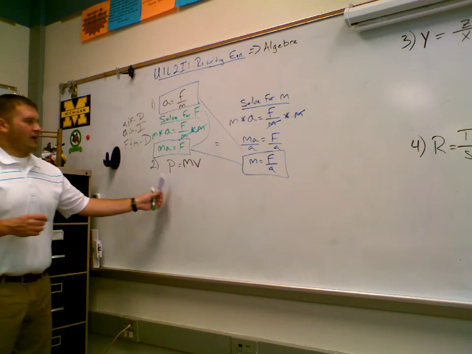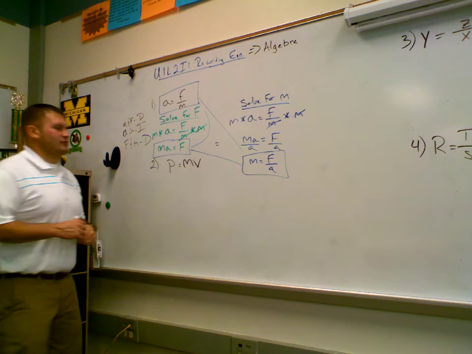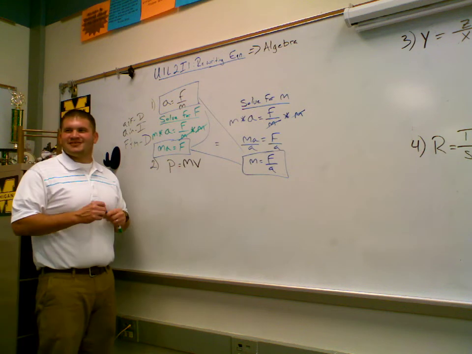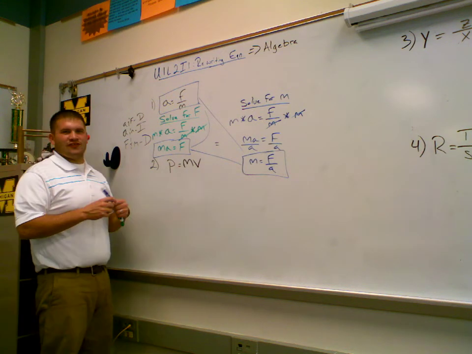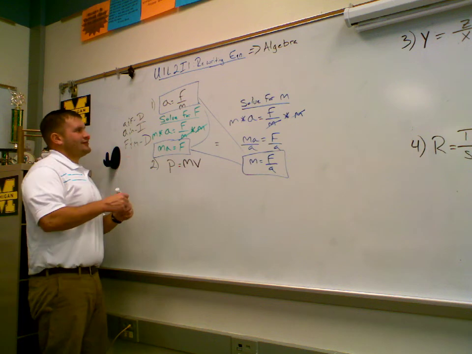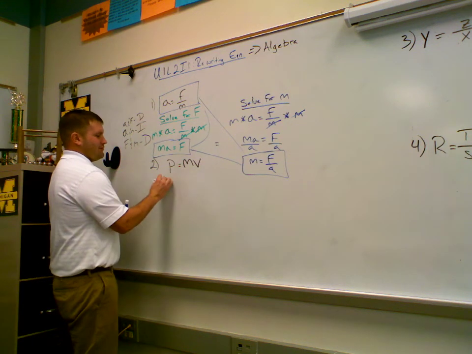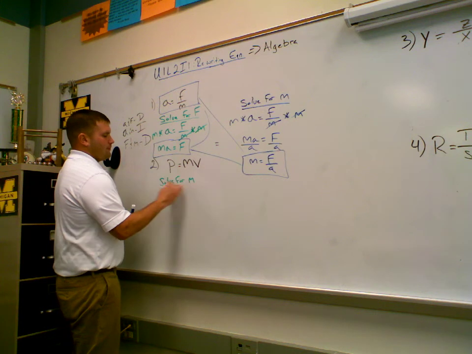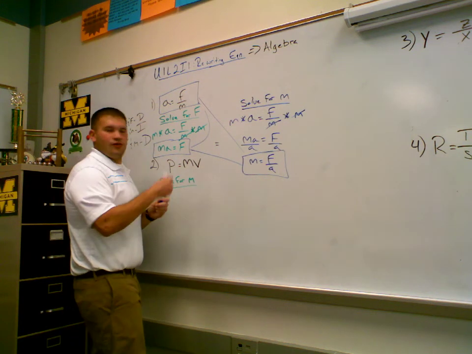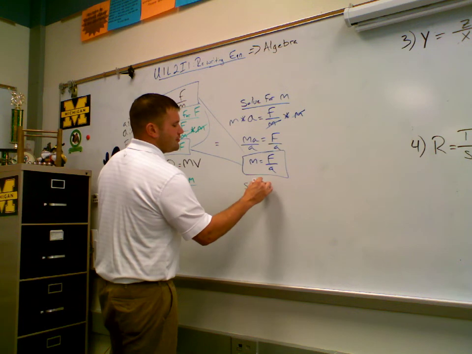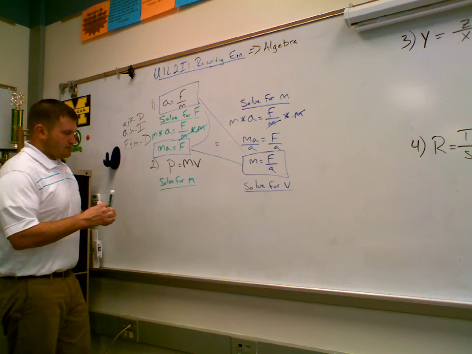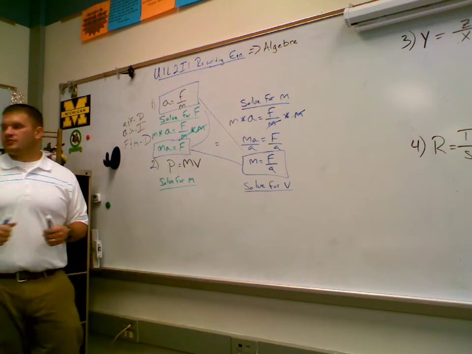Okay. So I'm going to write equivalent forms. I need to solve this for M, and we need to solve for V. Which one do you want to do first, M or V?